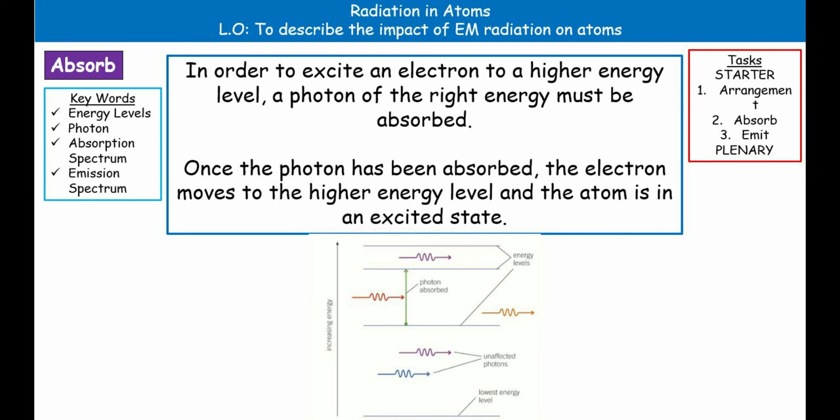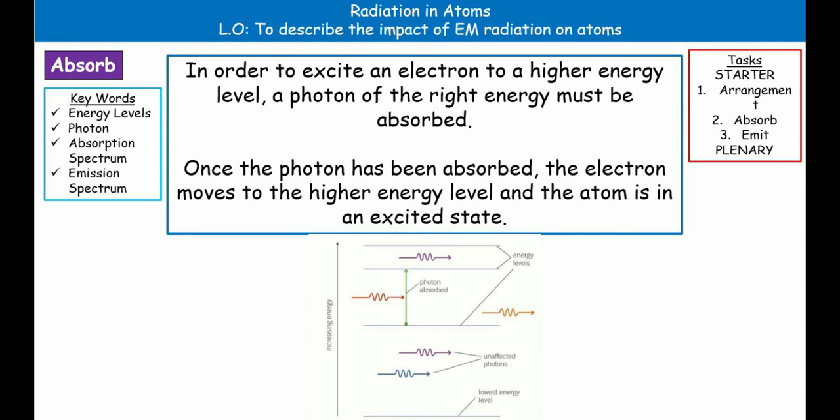And I've given you a little diagram at the bottom there that just shows you what's happening. So that line across the middle, okay, that's going to be our original energy level. Now, what we're going to find is it's going to absorb a photon, represented by the green arrow there pointing upwards, and that's then going to move that electron to the higher energy level, the next horizontal line that we can see.